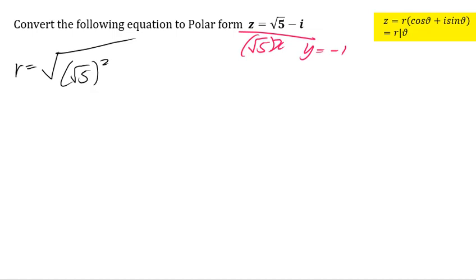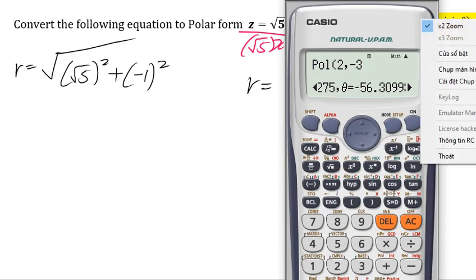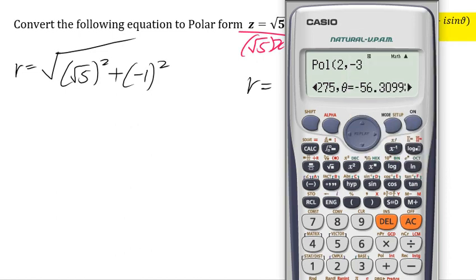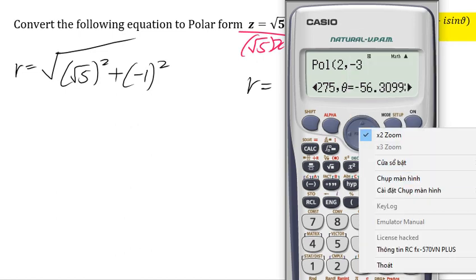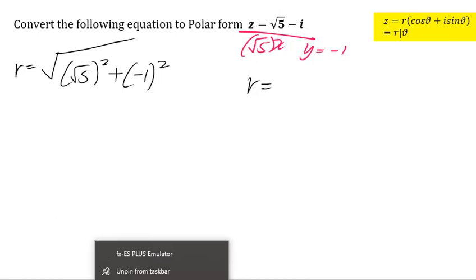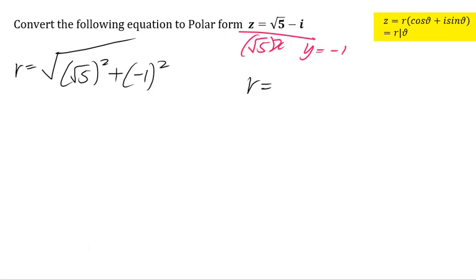You just punch this on the calculator. Minus 1 squared. R will be equal to, just punch it on the calculator.